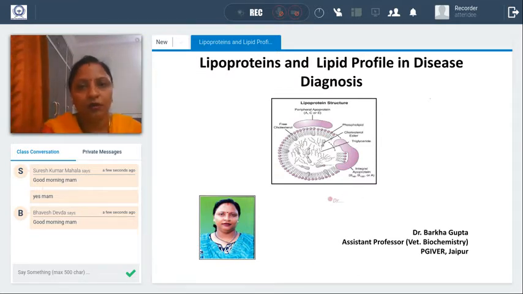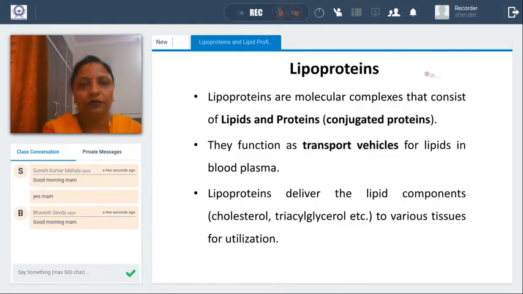As you all know, lipid profile is very important in various diseases. First, we will take lipoproteins. That is a part of Unit 1, that is General Veterinary Biochemistry.